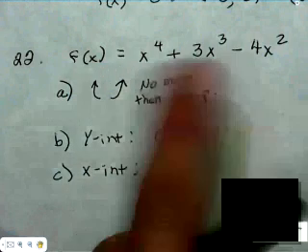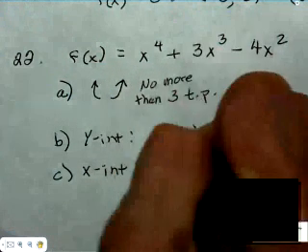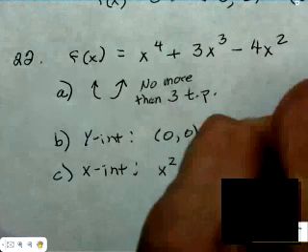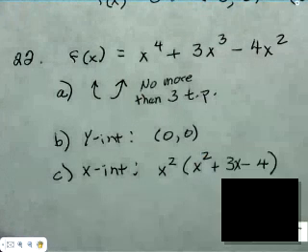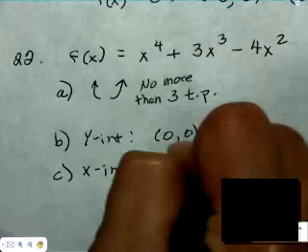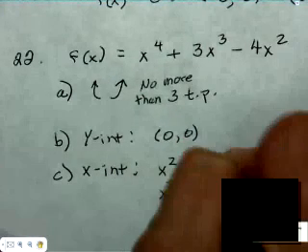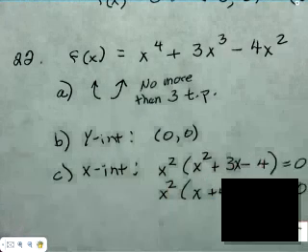Since I forgot to at the beginning, I'll go ahead and factor it now. I could factor out an x squared, and that would leave me x squared plus 3x minus 4. And that will factor further into x plus 4 times x minus 1 times the x squared.